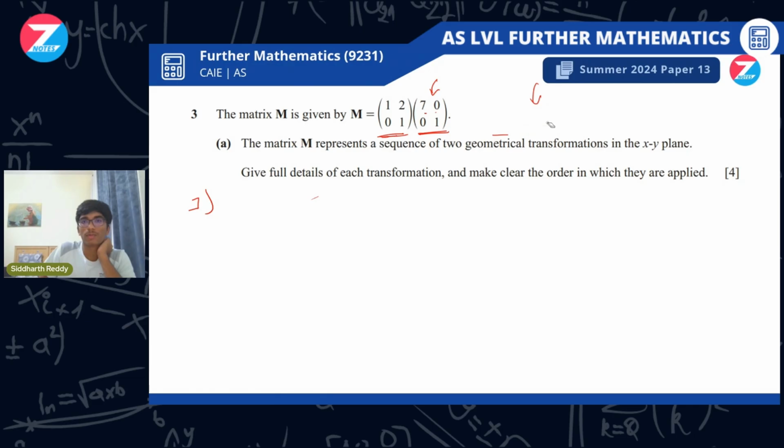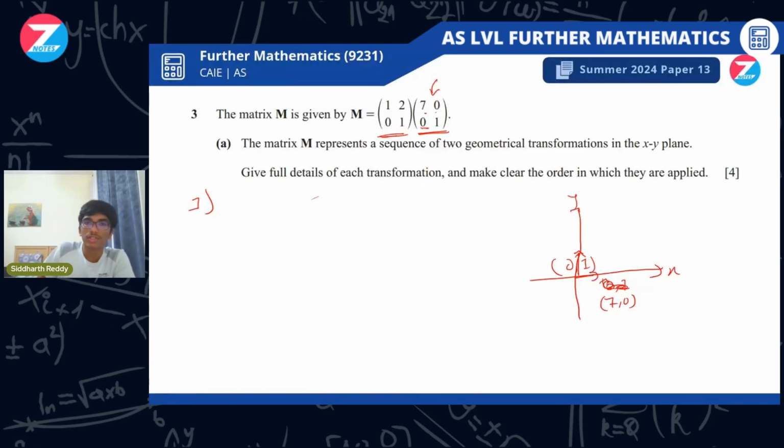Let's see what it actually represents on the geometrical plane. This is the xy plane, and this is the vector i hat, which has coordinates 1, 0, and this is the vector j hat, which has the coordinates 0, 1.